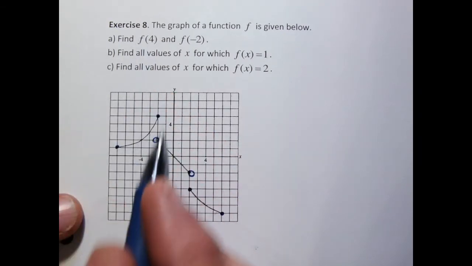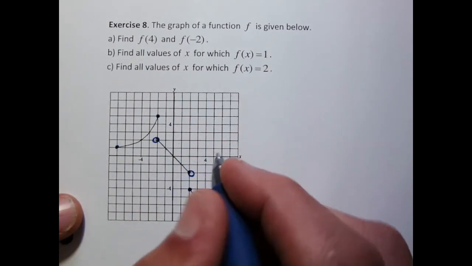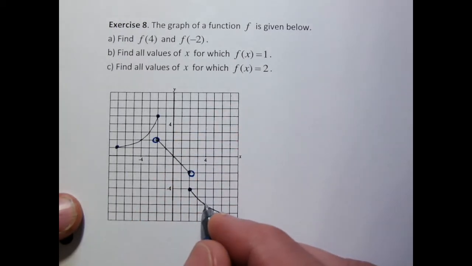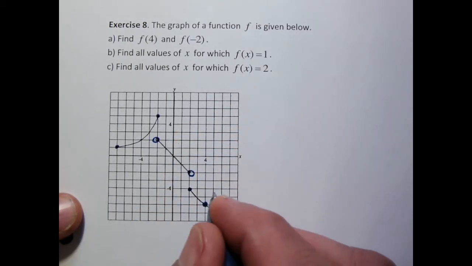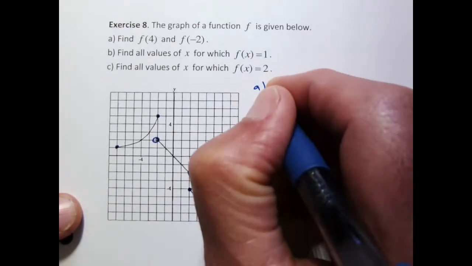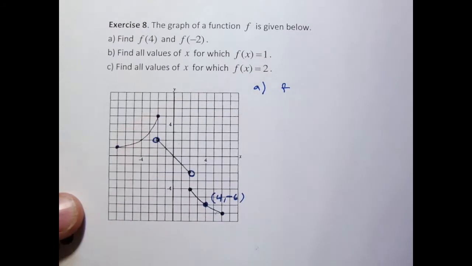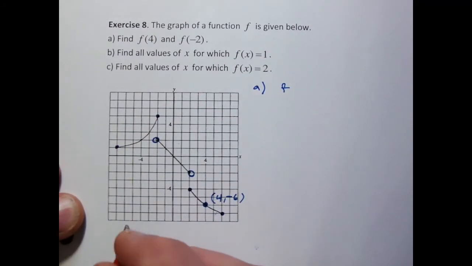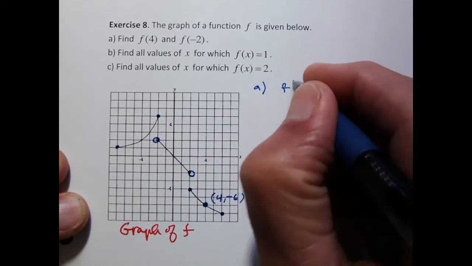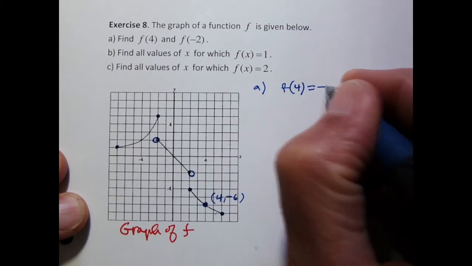When x is 4, f of 4. So when x is 4, here's x equals 4. There are no points above. If we go down to the graph, we touch it right there. There's the point 4, negative 6. So for a, by the way, this is a graph of a function f. And so f of 4 is negative 6.